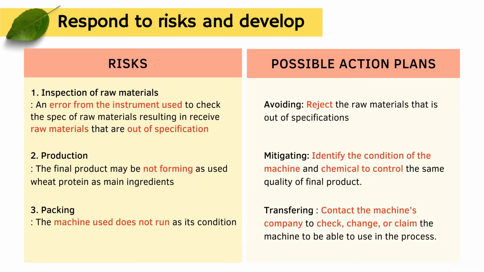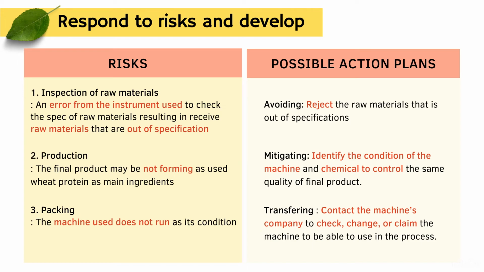To respond to the risks identified on the previous slide, we have possible action plans, shown on this slide, and I will briefly explain them step by step. The first risk we need to avoid by rejecting raw material that is out of specification, to reduce mistakes or defects during the further steps.